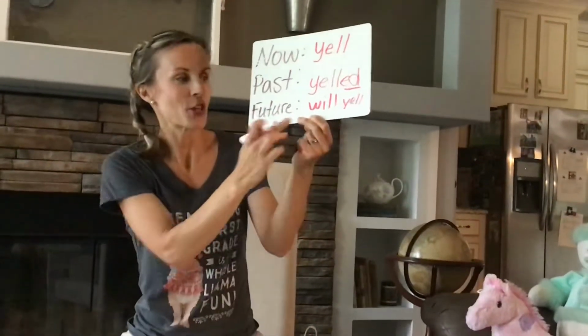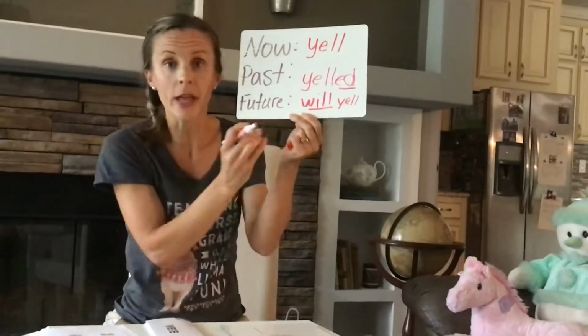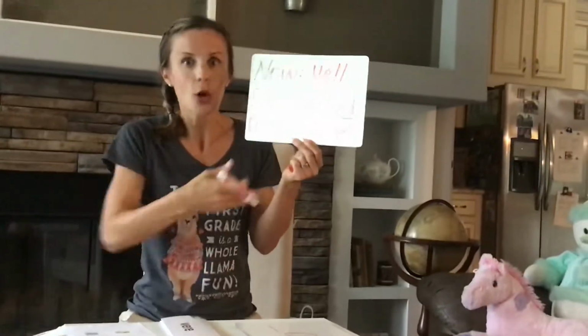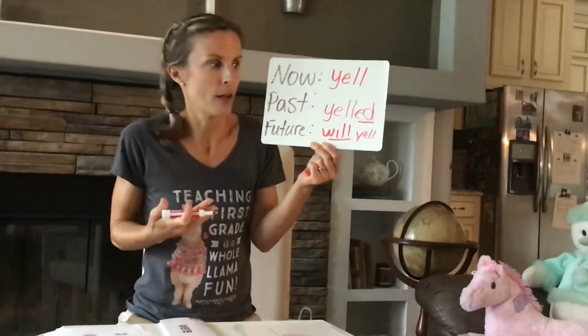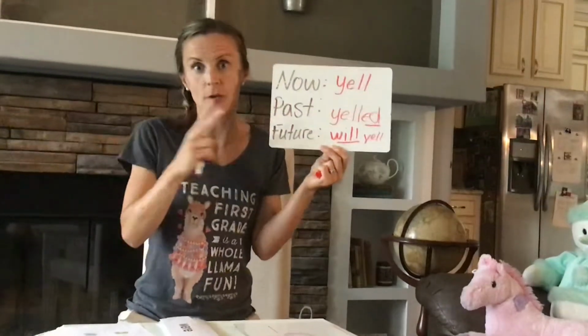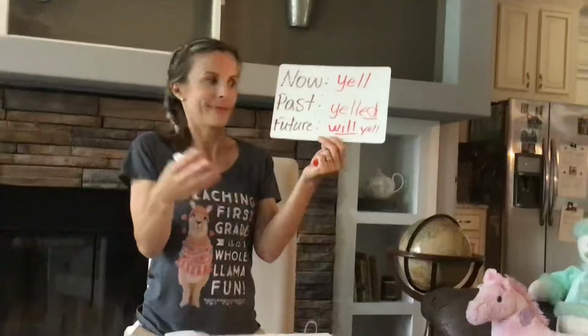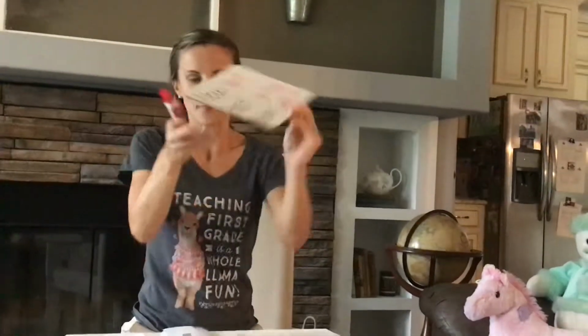Squeeze it in there. Unicorn will yell. When you see the word will, you know that it's going to happen in the future. That action will happen. Unicorn will yell on the count of 3. 1, 2, 3. There you go. Thank you. Unicorn will yell, and it did happen. So there's our action verbs.